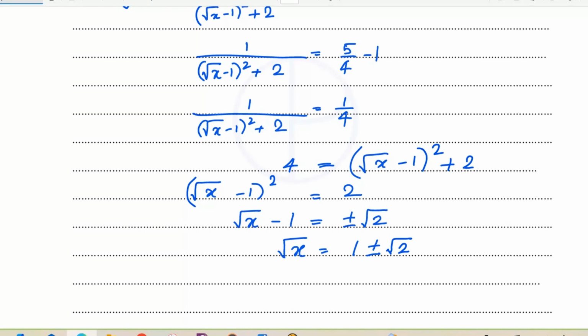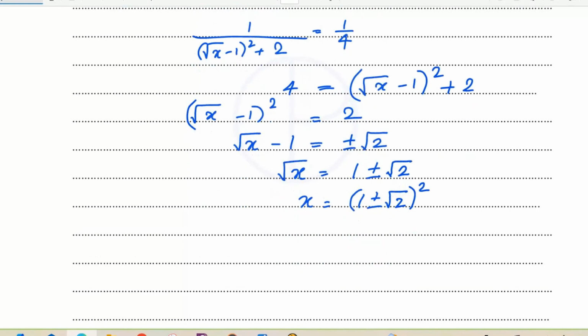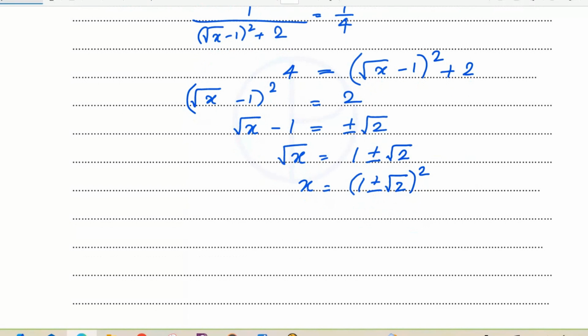So we need to find x. X equal to 1 plus or minus square root of 2 the whole square. So this can be written as 1 plus or minus 2 times square root of 2 plus square root of 2 the whole square will be 2. So 3 plus or minus 2 square root of 2 is x.